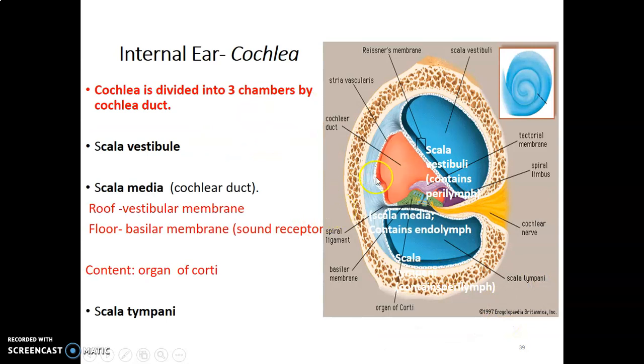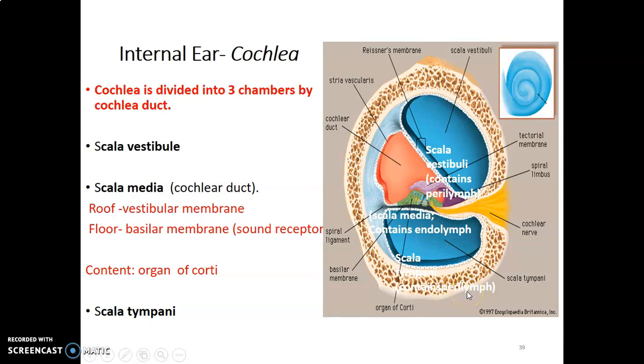So we have the scala vestibuli, which contains perilymph. Then the scala media, which is the cochlear duct, and the scala tympani, which is the lower portion. The scala media contains endolymph, while the scala vestibuli and scala tympani contain perilymph.